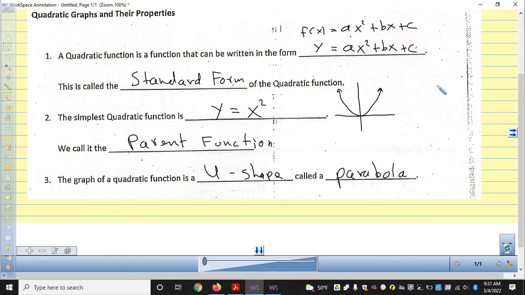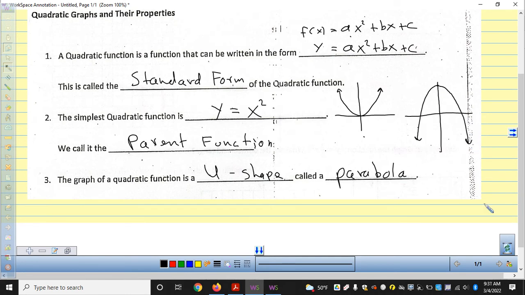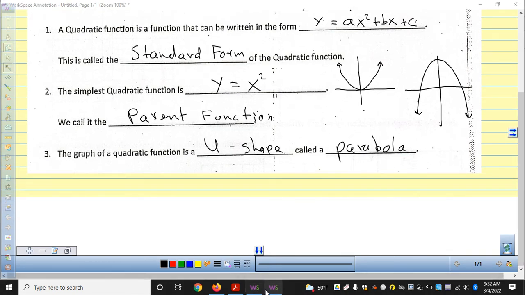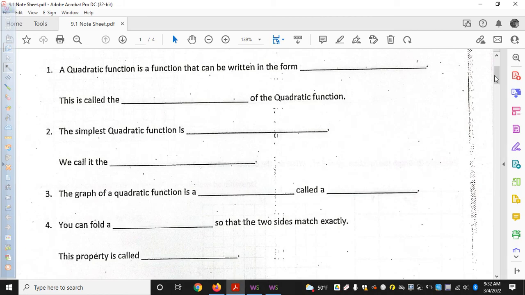And I'm going to draw an upside down parabola also, because we'll talk about that in just a second. I could have a parabola that looks like this. So both of those are graphs of quadratic functions, and we call those graphs parabolas. All right, so let me grab another page.